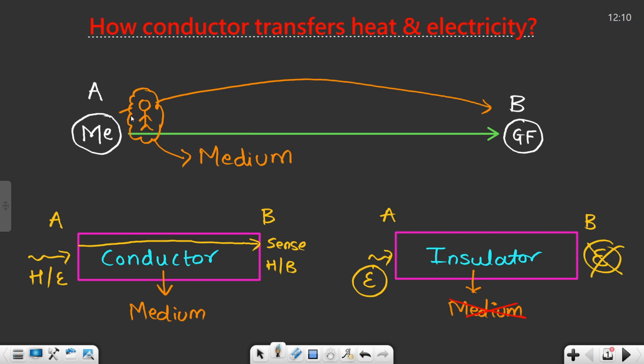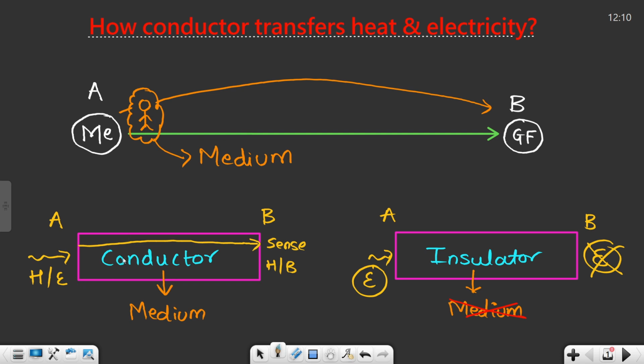I wrote a confidential letter to her, and I expect that you won't open the letter. I gave that letter to you. You picked up that letter from point A and gave it to my hypothetical girlfriend staying at point B. So basically you are like a medium between both of us.